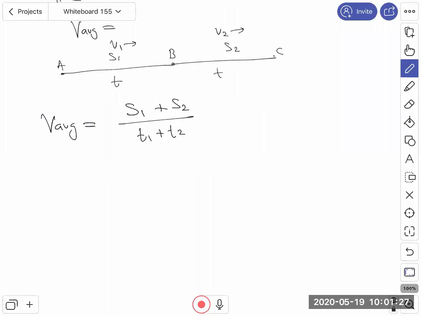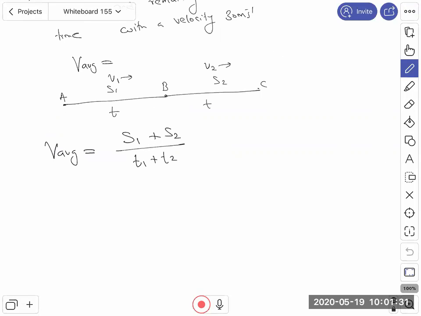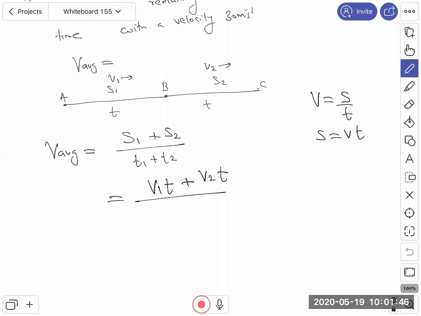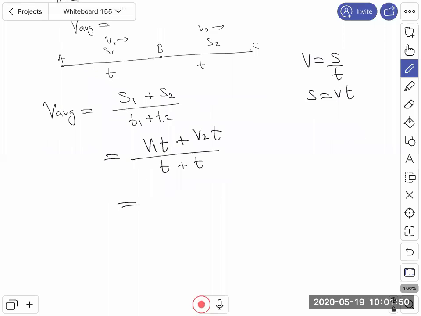Now over here time is given same, displacement is not given, so we can write displacement in terms of velocity. Velocity is displacement by time, so displacement is velocity into time. Displacement in the first situation is v1 into t plus v2 into t in the second, divided by t plus t.